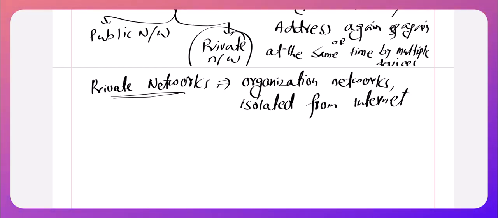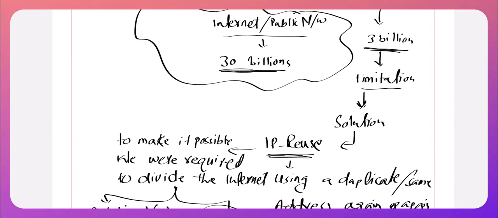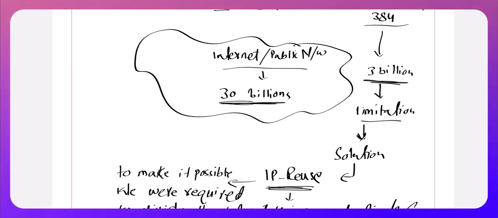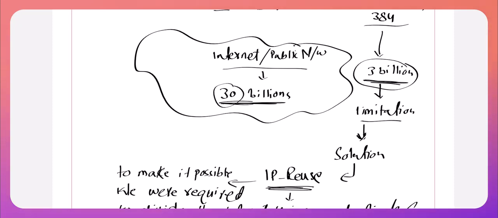Isolated means nothing is routable from here over the internet. Like before, we had a single network. Let's suppose the 30 billion devices each need a unique address, but the available addresses are 3 billion. It is not possible to assign IP addresses from this 3 billion range to each.